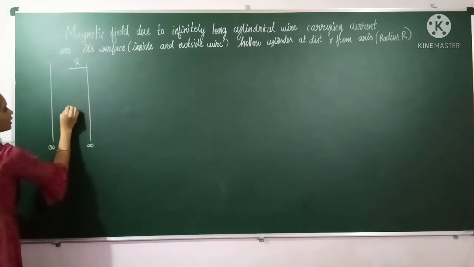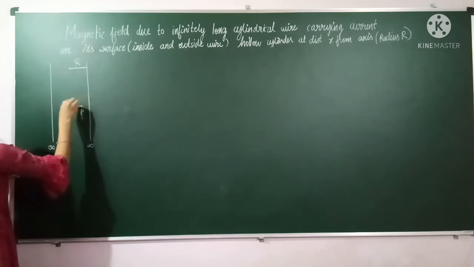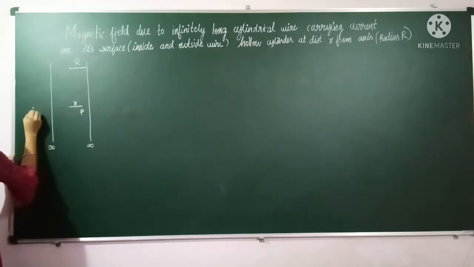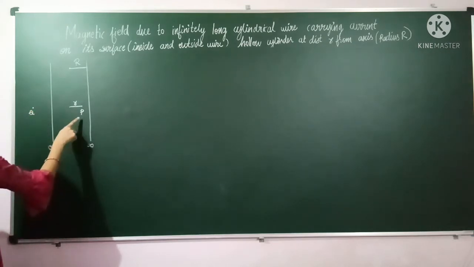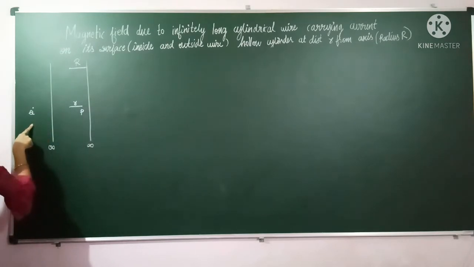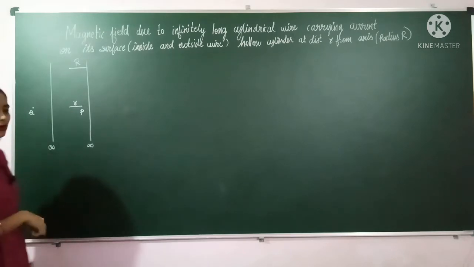At point P, at distance r, what will be the magnetic field? Another point we will take as Q. At this point Q what will be the magnetic field? One point is taken inside the cylindrical wire and one point is outside the cylindrical wire. In both cases we want to calculate the magnetic field.